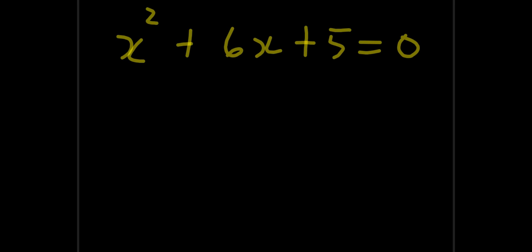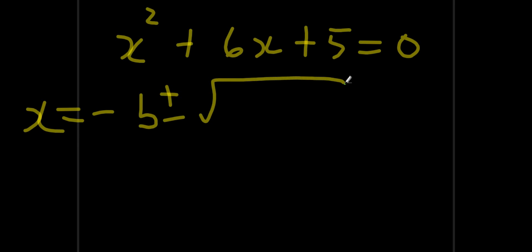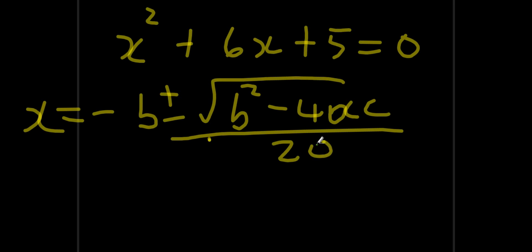So what does it look like? The quadratic formula is x equals -b plus or minus the square root of b squared minus 4ac, all divided by 2a.